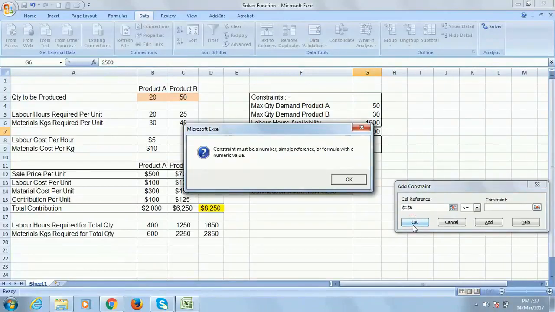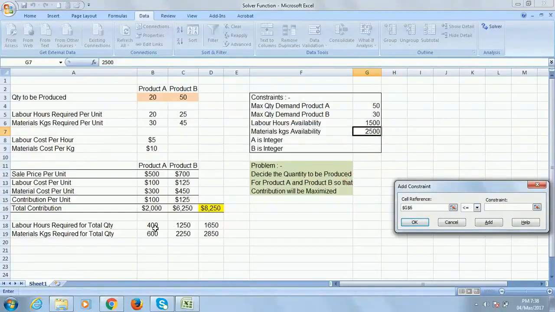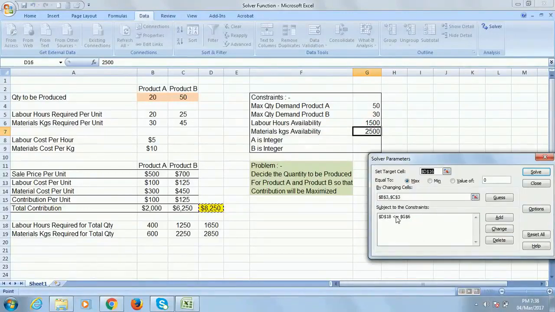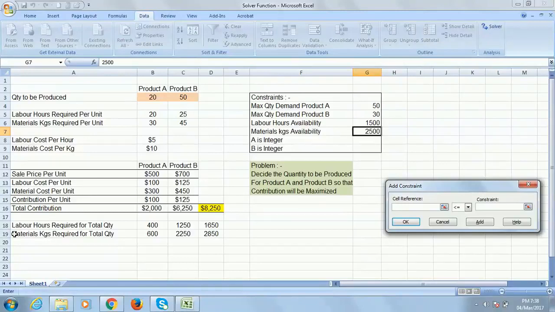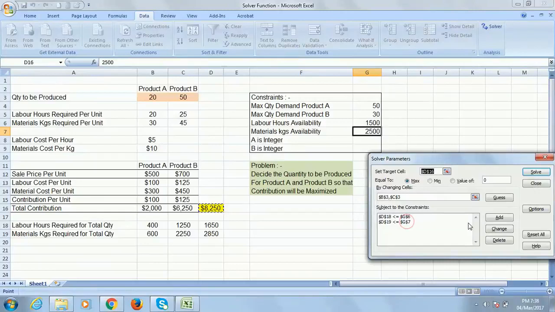Okay, this is added. I will have to add one more constraint, that my materials can be less than or equal to this. Added.